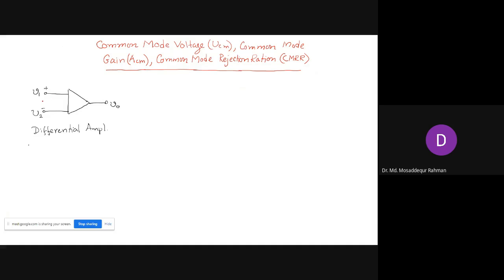So this is our differential input voltage VID, plus and minus. VID is V1 minus V2.